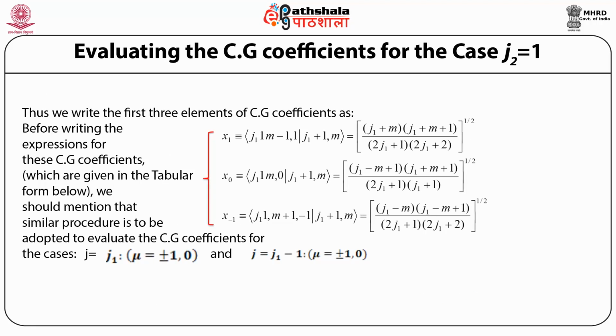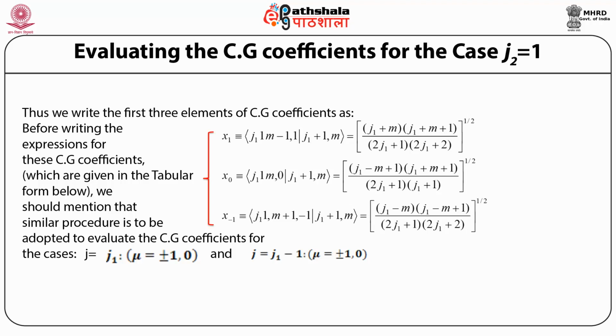Thus we write the first of the CG coefficients as x1 equals ⟨j1 m minus 1, 1| j1 plus 1, m⟩ equals ((j1 plus m) into (j1 plus m plus 1) by 2 (j1 plus 1) into (2j1 plus 2)) to the power half.